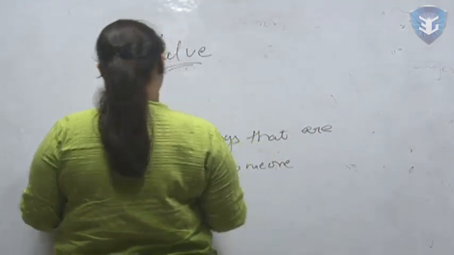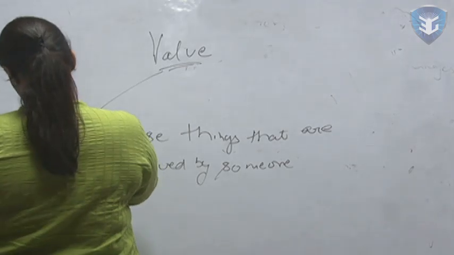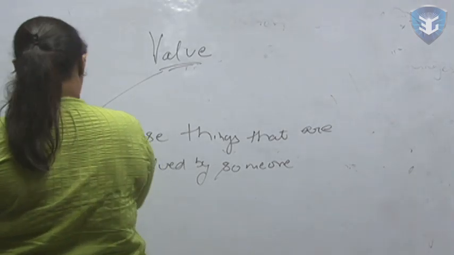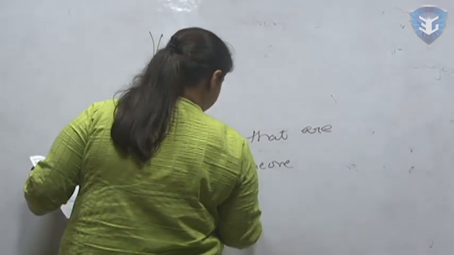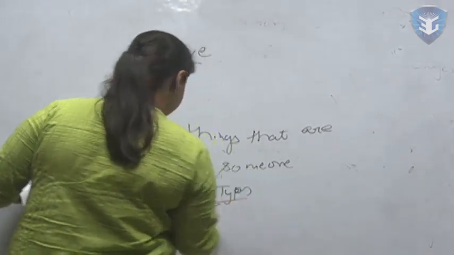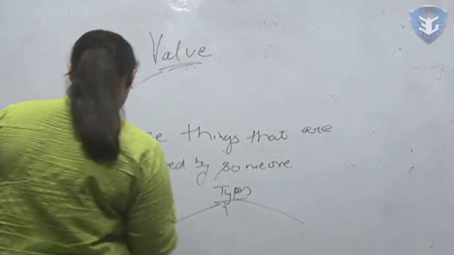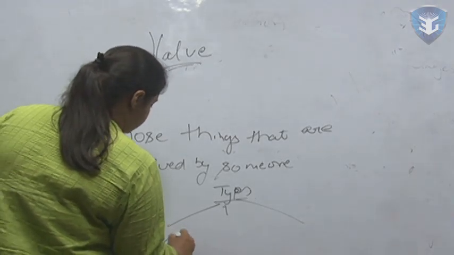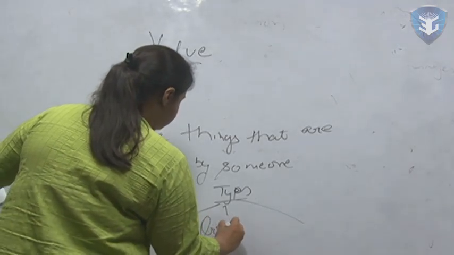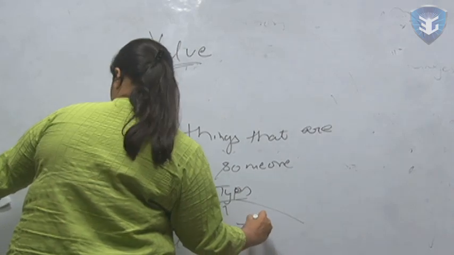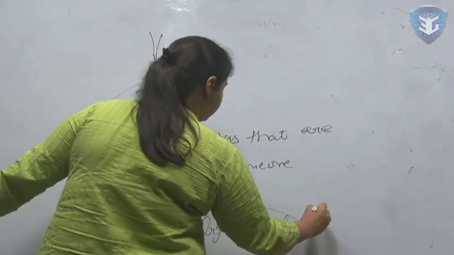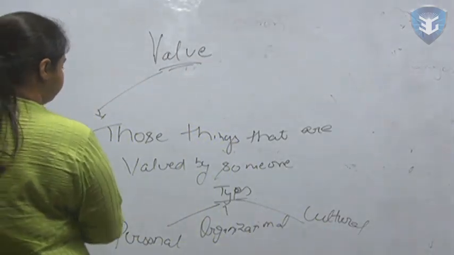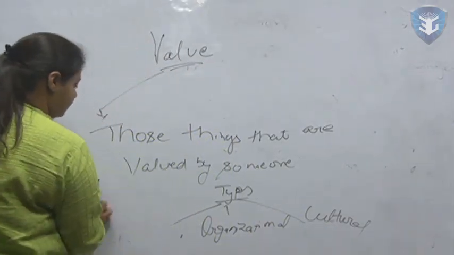It is by looking at those things to which the person gives value. Then again, it can be of three major types: personal values, then there are organizational values, and cultural values. So these are three types in which someone's value can be studied.